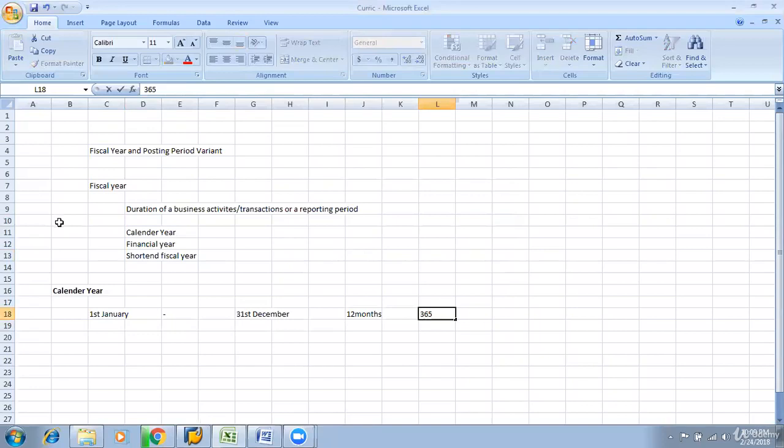The rule for leap year also applies here: 365 days for non-leap years and 366 days for leap years. Now, that's a common thing. So my point is, a calendar year starts on 1st January and ends on 31st December.